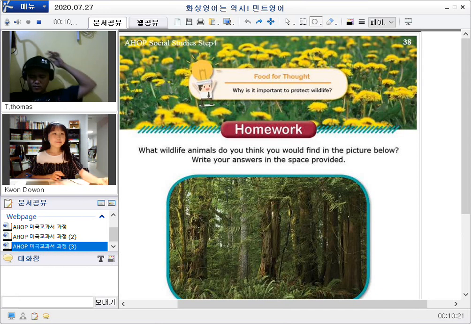Why is it bad? Because there would be no animals soon, then we can't eat meat anymore, so we can eat a lot of vegetables. So we eat a lot of vegetables and eat a little bit of animals.